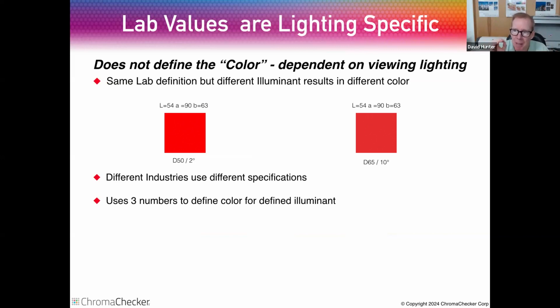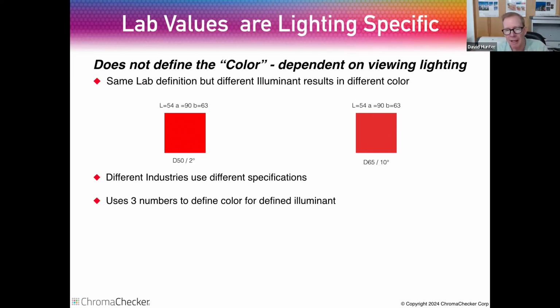So the same LAB number for different illuminants will result in a different color. In this case, I've got a D50 illuminant on the left with the same LAB value as a D65 illuminant on the right. And you can see visually, it's a different color.